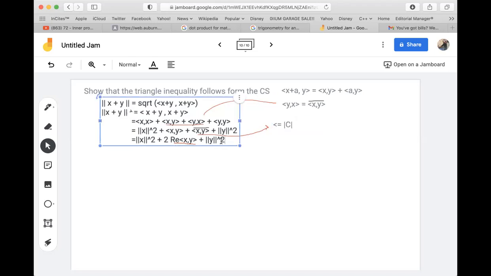Okay, hence by having that property, we can rewrite this as, this is not equal, this is less or equal to the modulus of inner product x, y plus y.